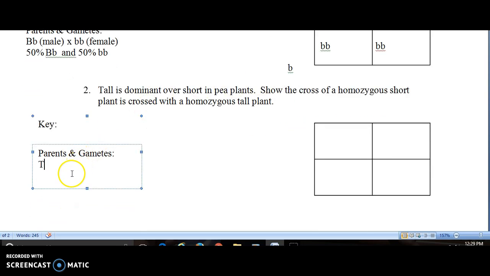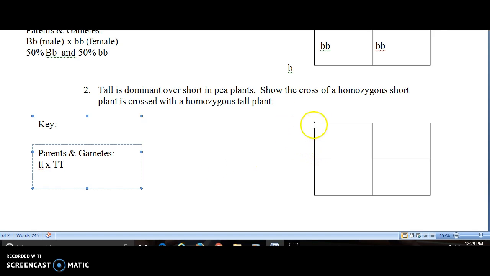So we need to have our first parent be two lowercase t's, homozygous short, and we are crossing this with a homozygous tall plant, so both the letters would be capital T's. Okay, so those are our two genotypes or codes that we would put on our Punnett square.